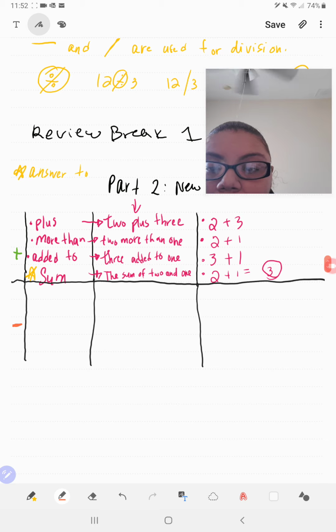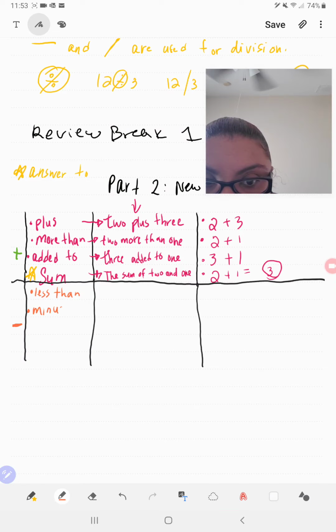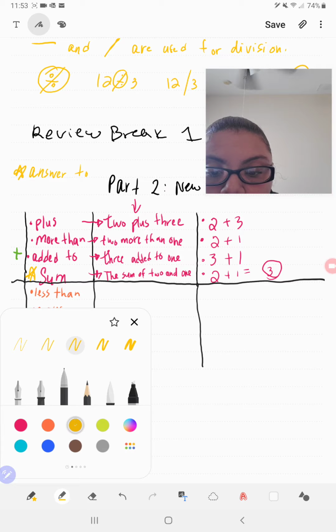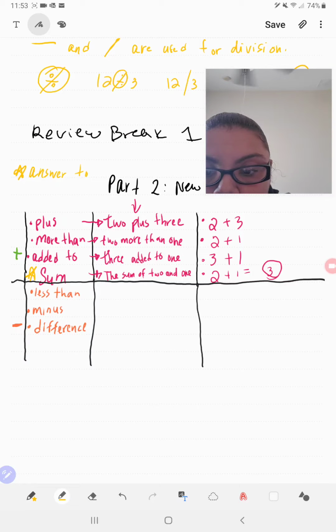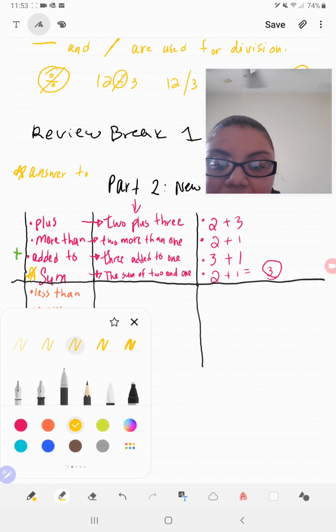So for minus, we've got less than, minus, and difference. Go ahead and put a yellow star next to difference, because difference is the answer to a subtraction problem.